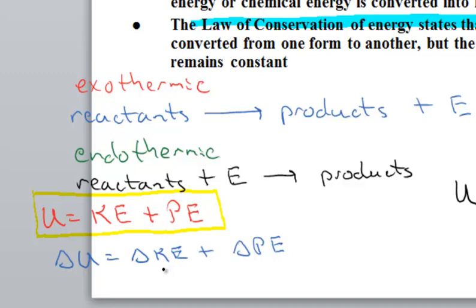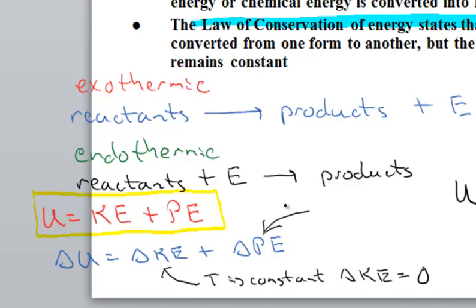And remember, if we set up an experiment where the temperature is constant, then the change of kinetic energy equals 0. So if we were measuring energy changes from a chemical reaction and the temperature remains constant, that change of energy would be directly related to the change of potential energy.